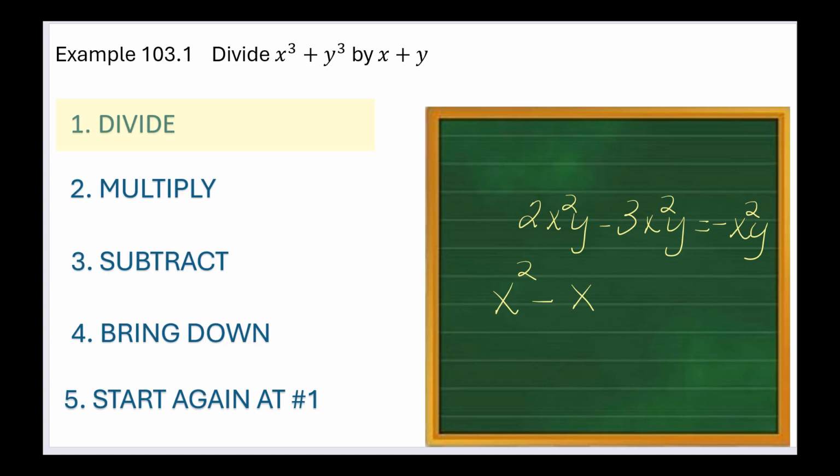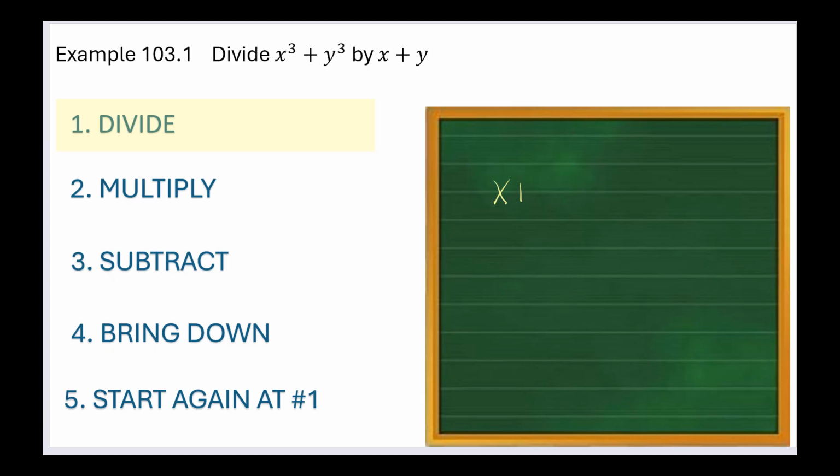You can't subtract them. So when you're setting up your division for polynomial division like this, where you've got x's and y's raised to different powers, you have to be careful that you are lining up your like terms correctly so that you are only subtracting or adding like terms. All right, so we're going to start out. We're going to divide x cubed plus y cubed by x plus y.